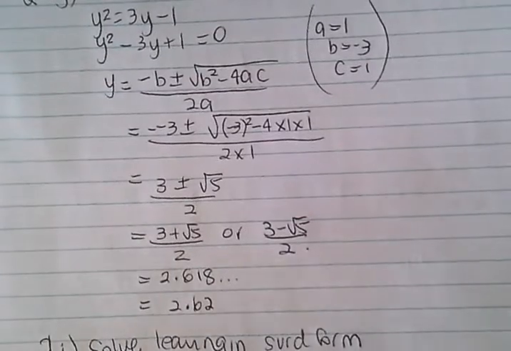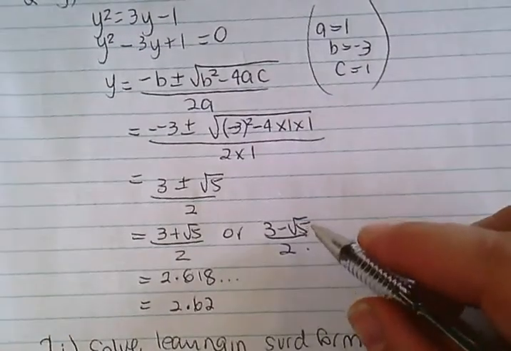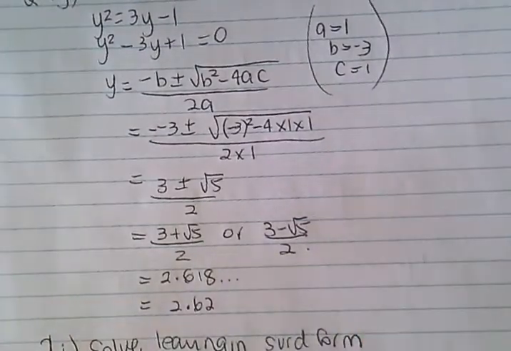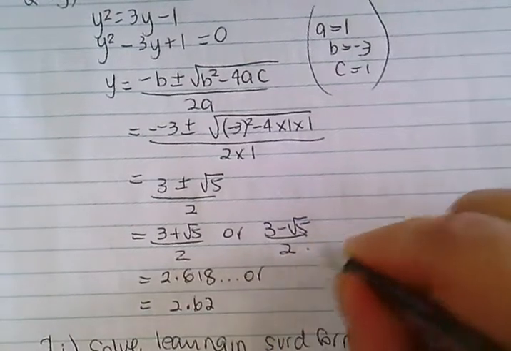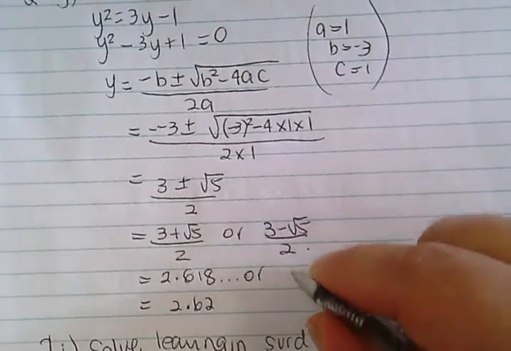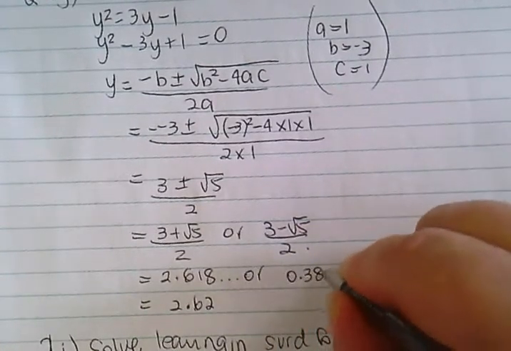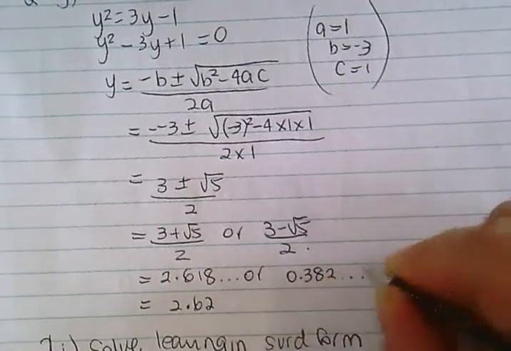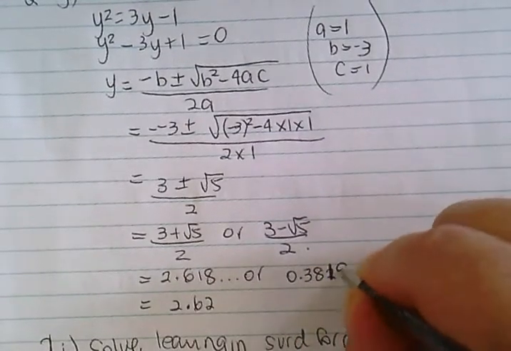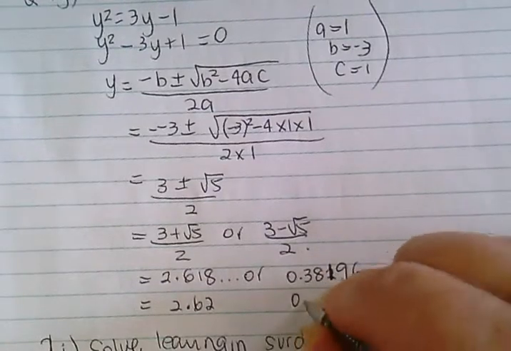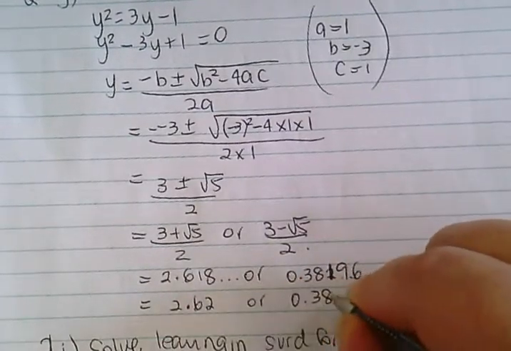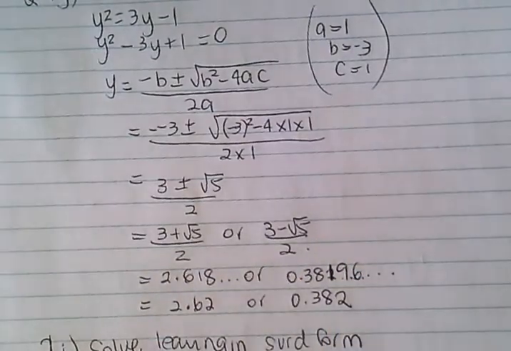And the other one, 3 minus root 5, should still be positive, because root 9 is 3, root 5 is just a bit bigger than 2. So this one should be about 0.382 to three significant figures.